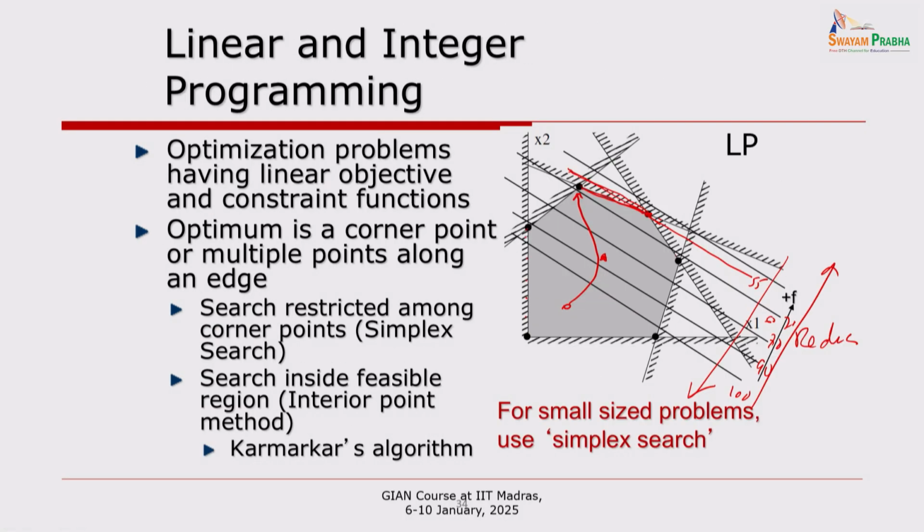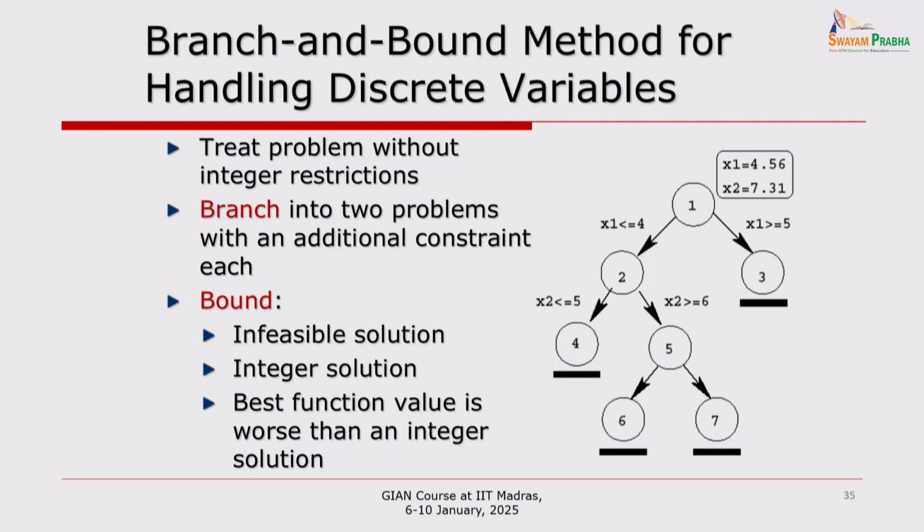So here is one discrete point, and the next one allowed is here. These corner points, if you search, are always or mostly infeasible. You have to jump to one of the feasible points which are discrete. So their method will not work.